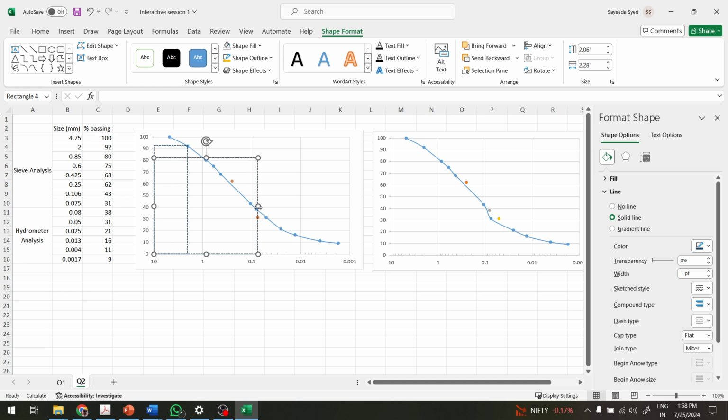This is actually 0.075. Then we will have one at 0.002. This is 0.001, this is 0.002.